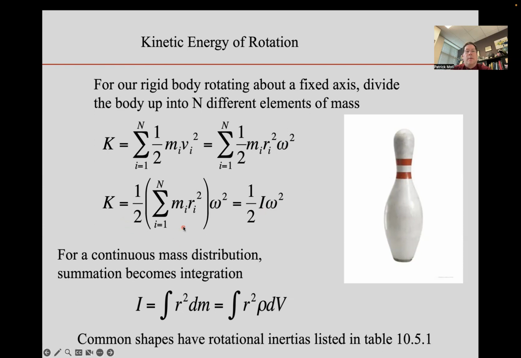So this common factor, we'll go through a table of some frequently used values for rotational inertia. But I want to emphasize that this just depends upon the perpendicular distance to the rotation axis.